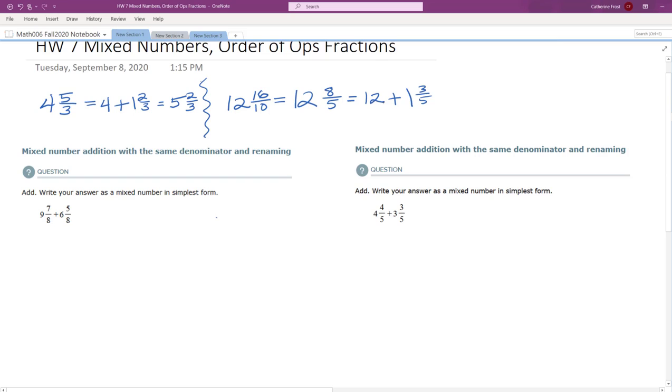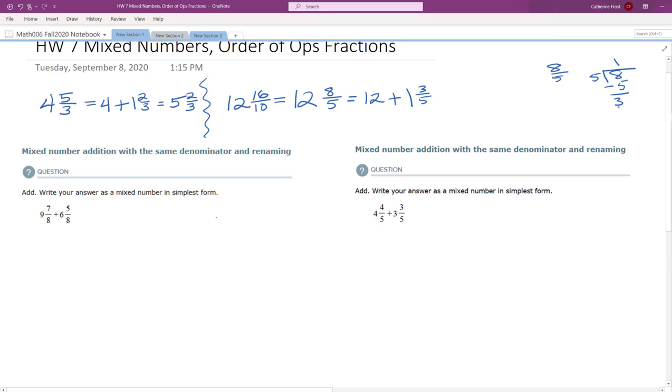And if you need to, when you're converting the 8/5, you can do a little long division. So 8 goes inside the box, 5 goes on the outside. 5 goes into 8 once. 1 times 5 is 5. Subtract, and we get 3. And so the quotient is your whole number part.